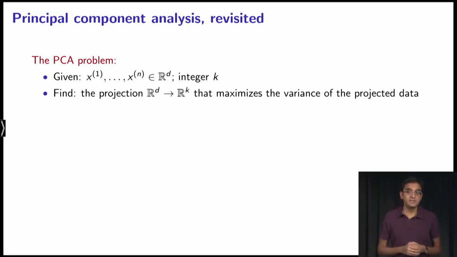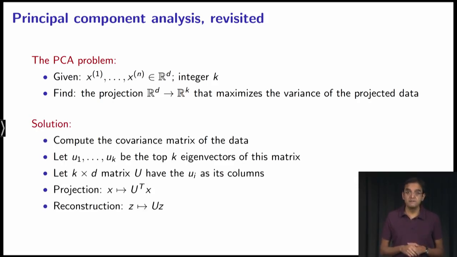And we saw that this can be done quite easily. Okay, there's just a few simple steps to follow. The first thing we need to do is to compute the covariance matrix of the data, a d by d covariance matrix. Then we find the top k eigenvectors of this matrix, and those are the directions we project onto.